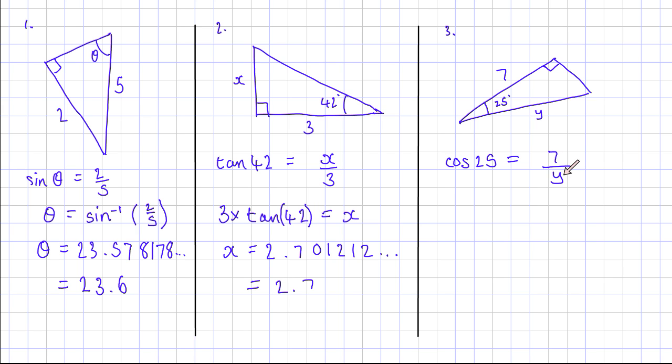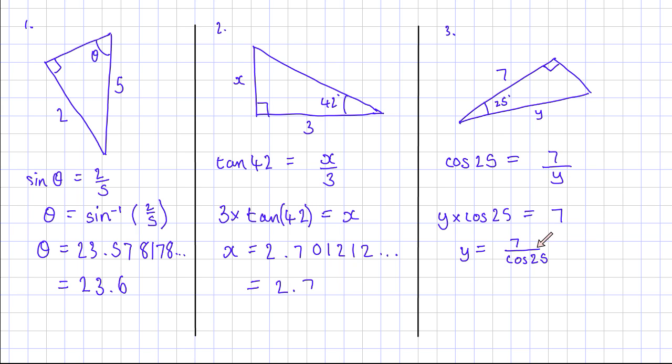Now I need to find y, so I don't want that at the bottom of a fraction, so I'm going to multiply both sides by y. So I'm going to have y times cos 25 is equal to 7. Now if I divide both sides by cos 25, I'm going to get y is equal to 7 over cos 25. And then this is when you would use your calculator.